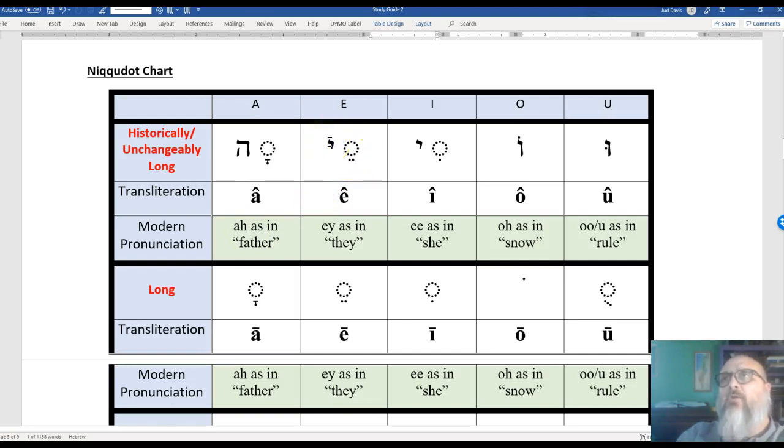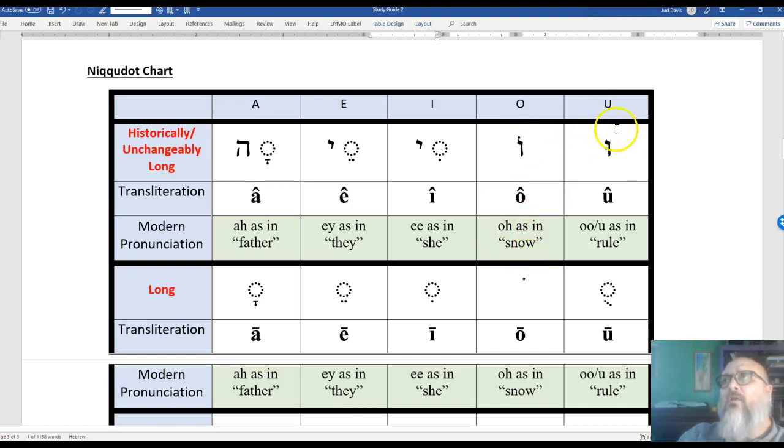Serei Yod is the A as in they, A. Hirk Yod is E as in she, but we're going to call it a long I. A, E, I, O. O as in snow.